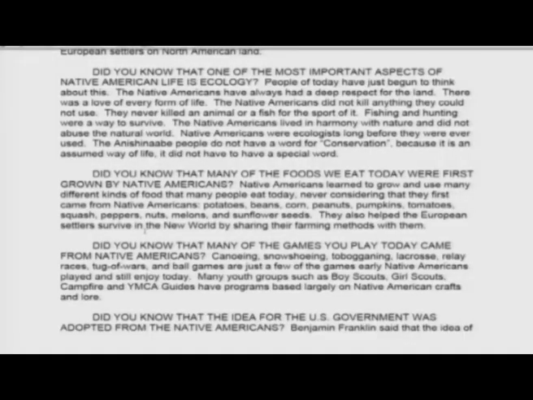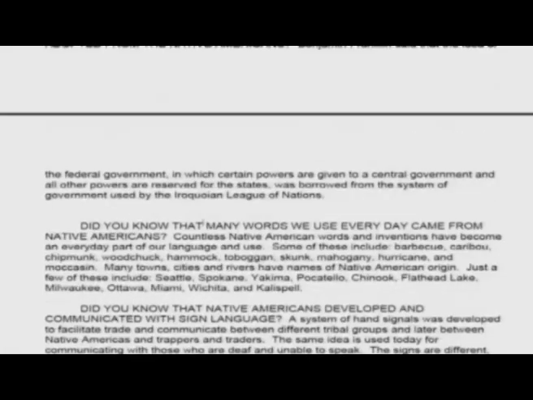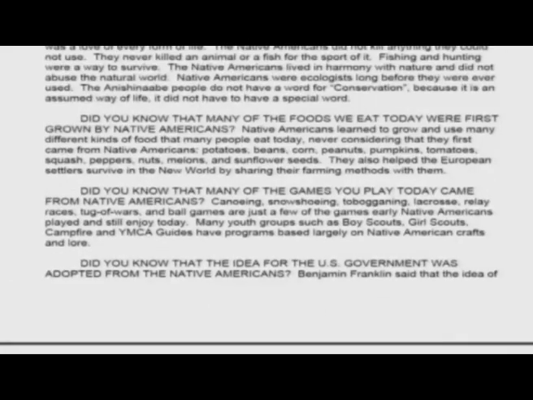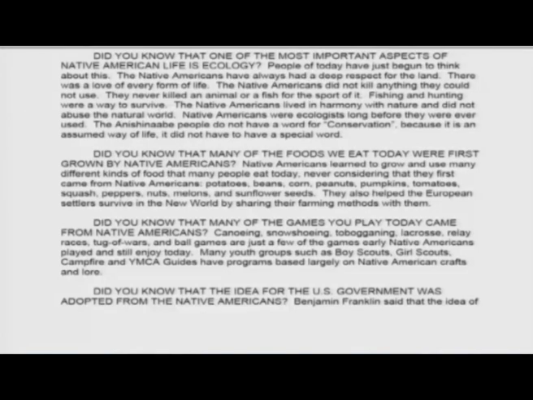This text, we just saw the introductory paragraph of this text, the text about contributions of Native Americans. You can see that the body here has several paragraphs, about 8-9 paragraphs, and each of these paragraphs starts with a rhetorical question.